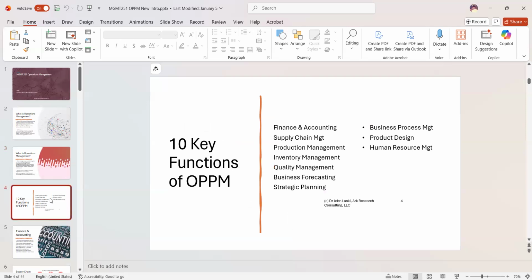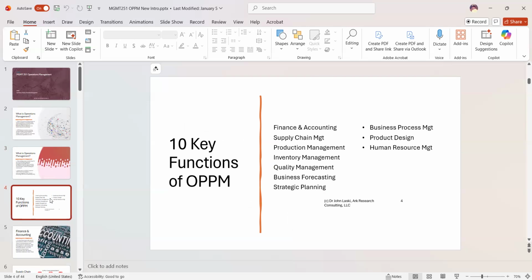And we learned that during the COVID debacle. The 10 key functions of OPPM include finance and accounting, supply chain management, production management, inventory management, quality management, business forecasting or demand forecasting, strategic planning, and so forth.